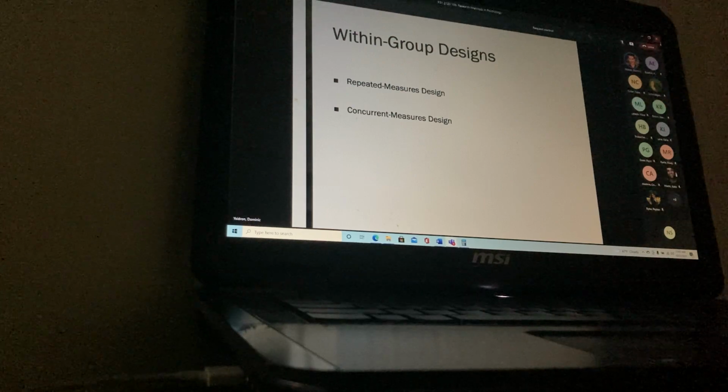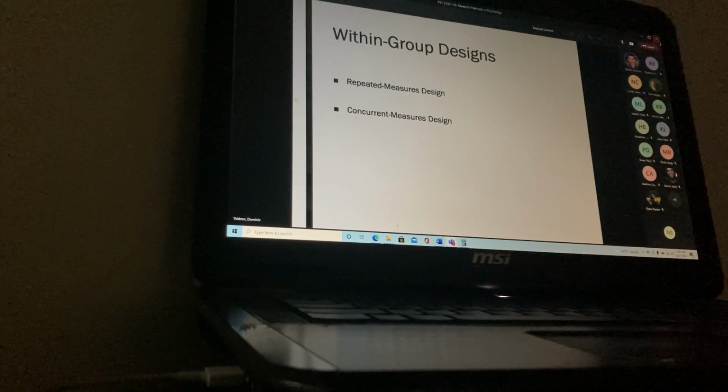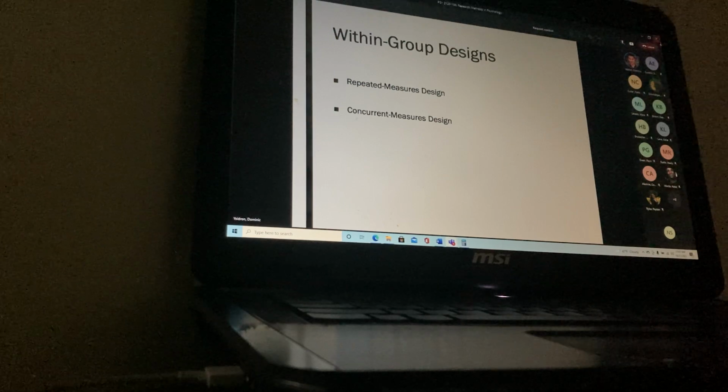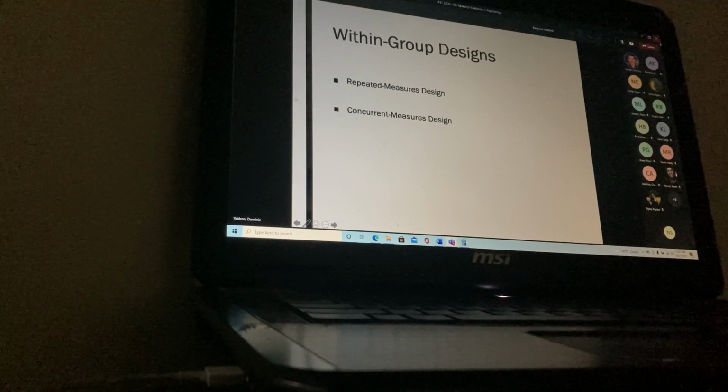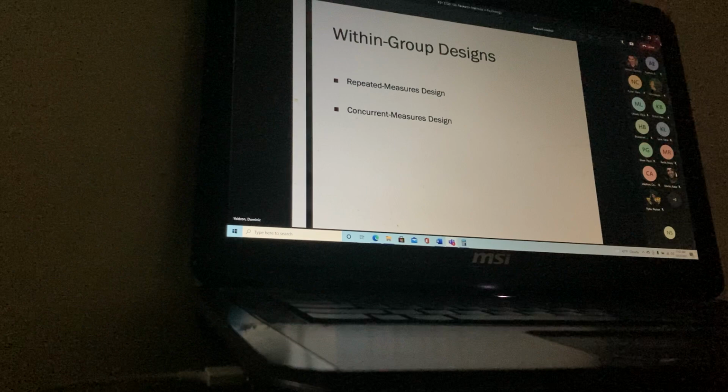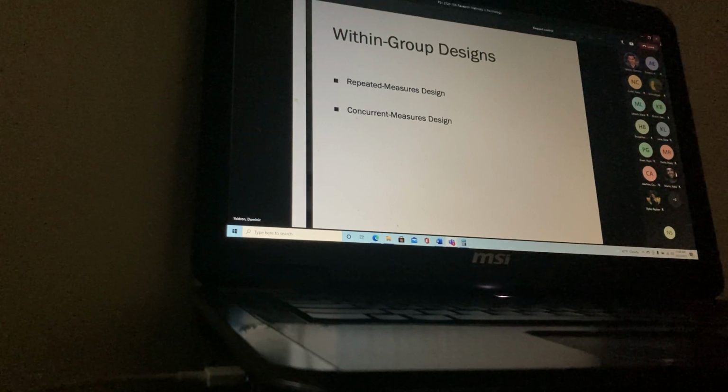So I hope that makes sense. Repeated measures design, everybody's getting everything, but usually it's distributed over time, so they get one thing before the other. Concurrent measures design, again, everybody's exposed to everything, but it's all at once. And there are advantages to each of these, right, which we'll discuss.